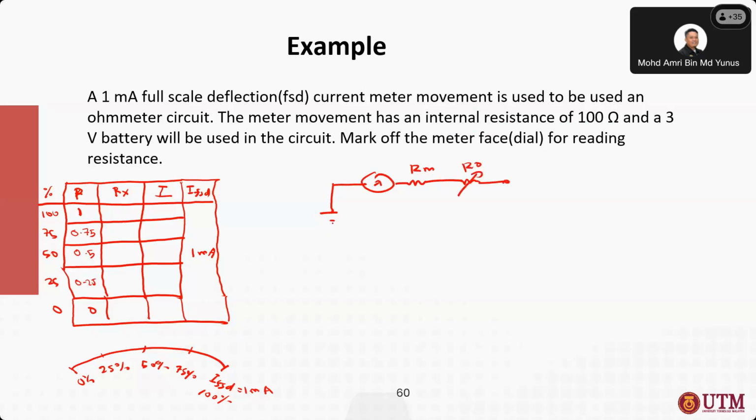And this is between A and B. This is RX. IFSD is 1 milliamp, and the meter movement has an internal resistance of 100. So this 100 is RM plus RO. So the battery is 3 volts.